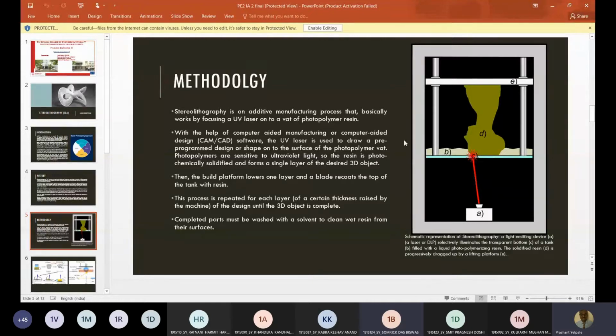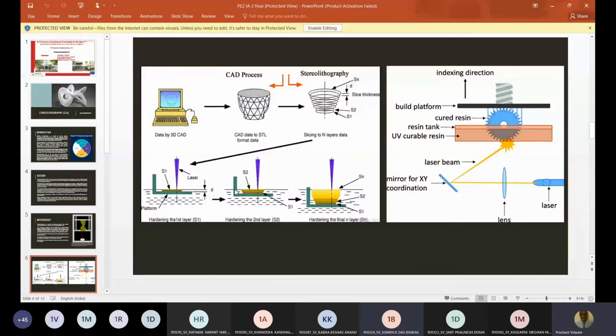In essence, the build platform lowers layer by layer, and a blade attachment covers the layer with new resin. This is one way. The other way is from the top up, as shown in this design. There is a laser here, and one blade comes which coats the entire surface with resin.